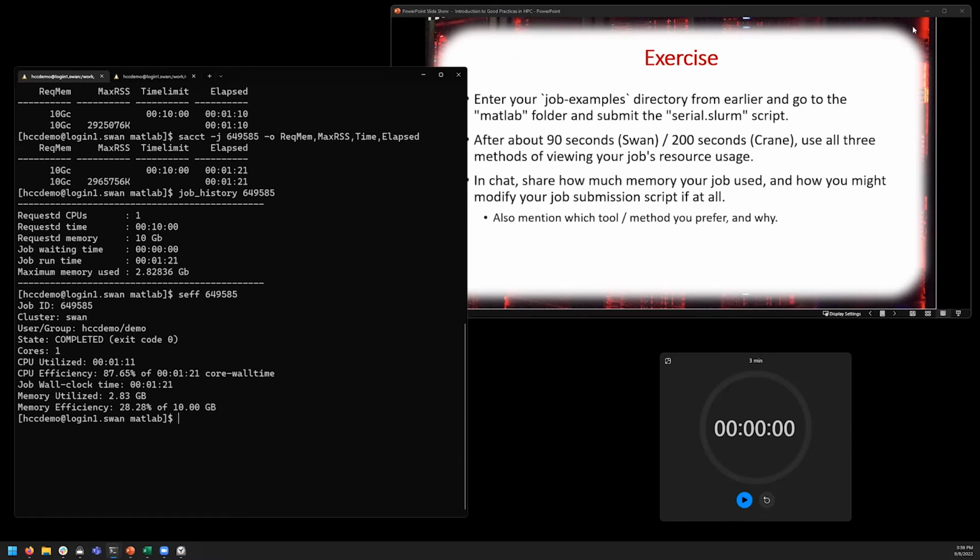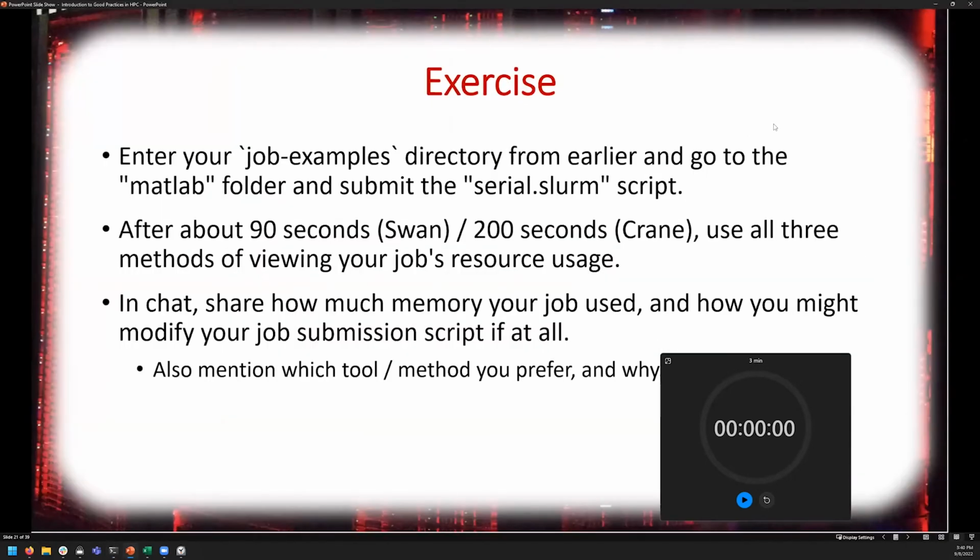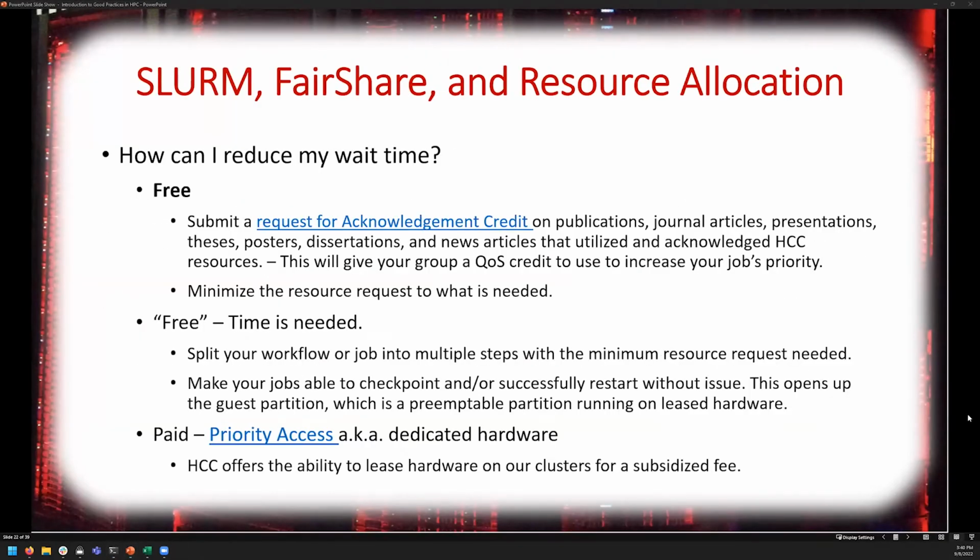To get back on time, since we have about 20 minutes left, let me go ahead and move my timer. So the big question that we often get is, how can I reduce my wait time? There are 3 different methods, or at least 3 different categories of it.